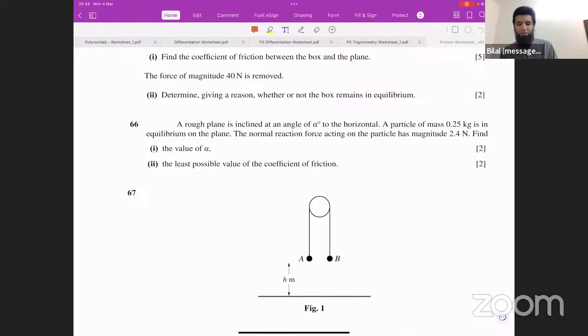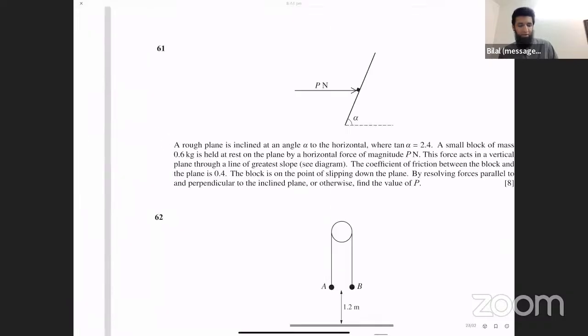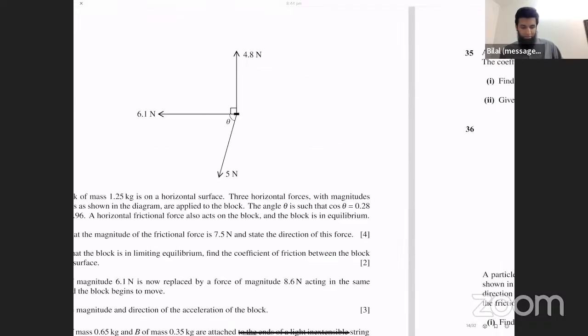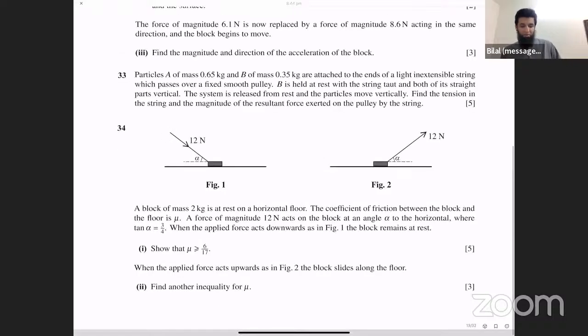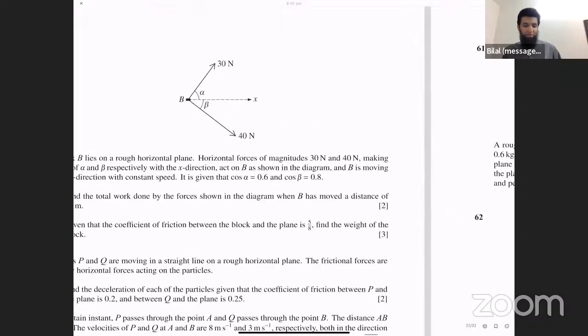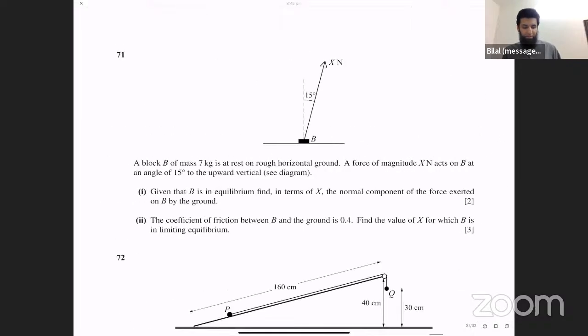It'll require you to use that limiting equilibrium case. So 40, 50, 66. And then you have 34, which requires you to prove an inequality. And there's another one very similar to this, which is 73.